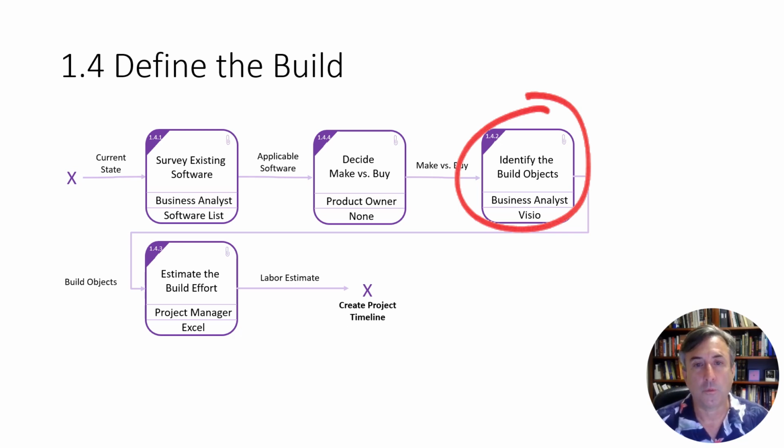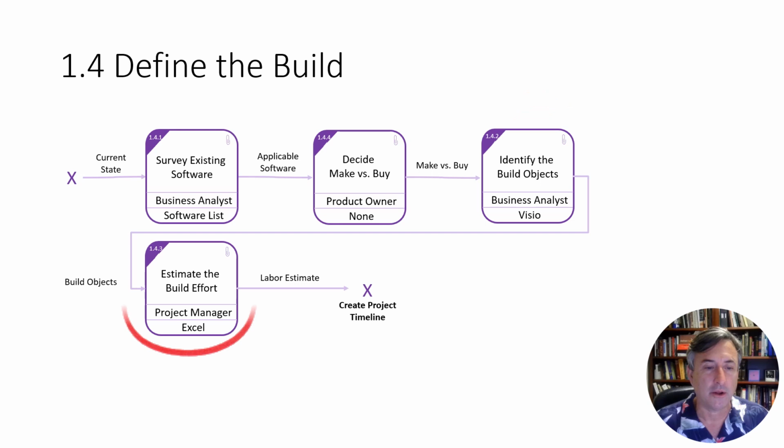There's what database tables do we need to build? What interfaces do we need to build? What reports do we need to build? And at this point, you may not know the exact reports, but you can at least get an estimate. We're probably going to have to build 5 reports in this relevant subject, or we're going to have to build 10 reports total, or 20 reports, or 200 reports, whatever it is. And then you've got that list of components you need to build.